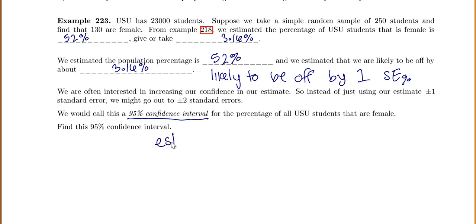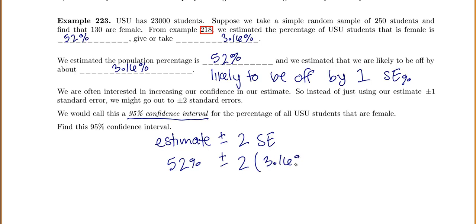So let's find this 95% confidence interval. It's going to be our estimate plus or minus 2 standard errors. In our case, our estimate was 52% plus or minus 2 times the standard error, which was 3.16%. Let's simplify first: 52% plus or minus 6.32%.